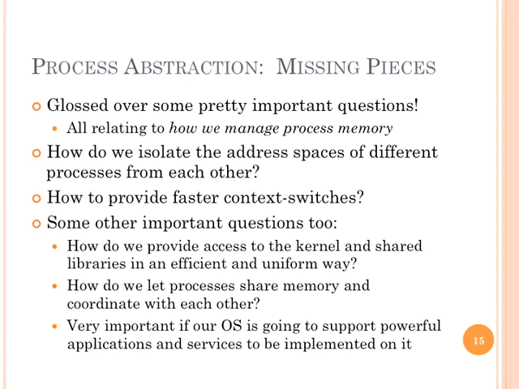And then there's all kinds of other questions we could think about asking if we want our operating system to be more than just very basic. So how do we provide easy access for processes to call into the kernel? You know, system calls, that kind of thing. Shared libraries, that would be really nice. The C standard library is used by virtually every program that runs on your computer. So why do I have to load it into every program's address space?